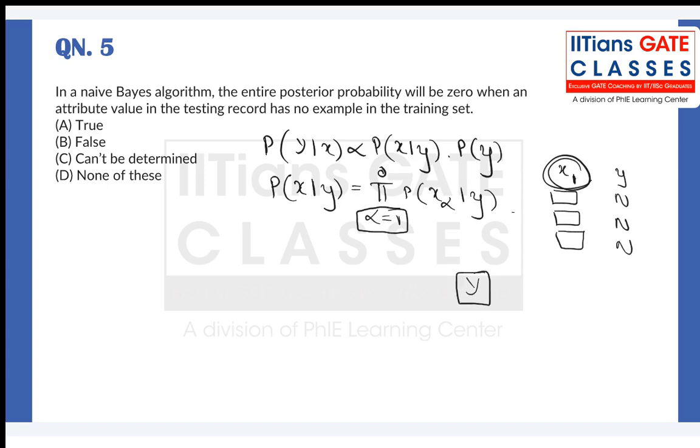This probability will become 0. And if one of the probabilities becomes 0, by a product multiplication, if you multiply 0 with anything, you still get 0. So the posterior probability, which you're trying to compute, will become 0 when an attribute value that should have been there in the testing record has no example in the training set, which is absolutely true. Okay.